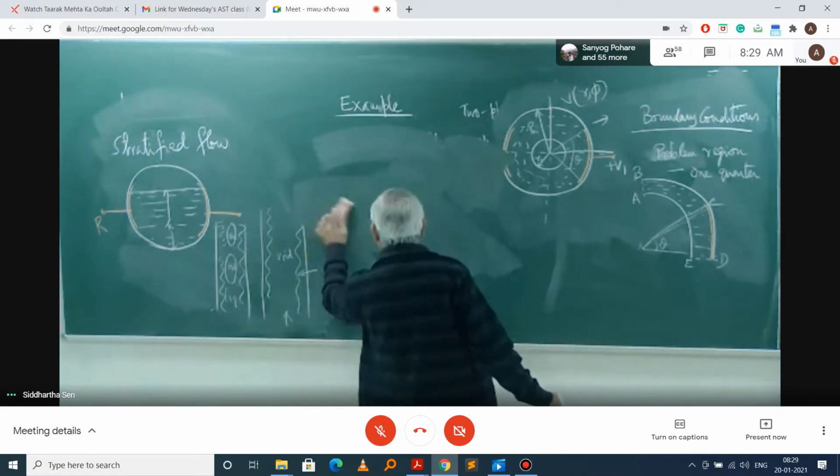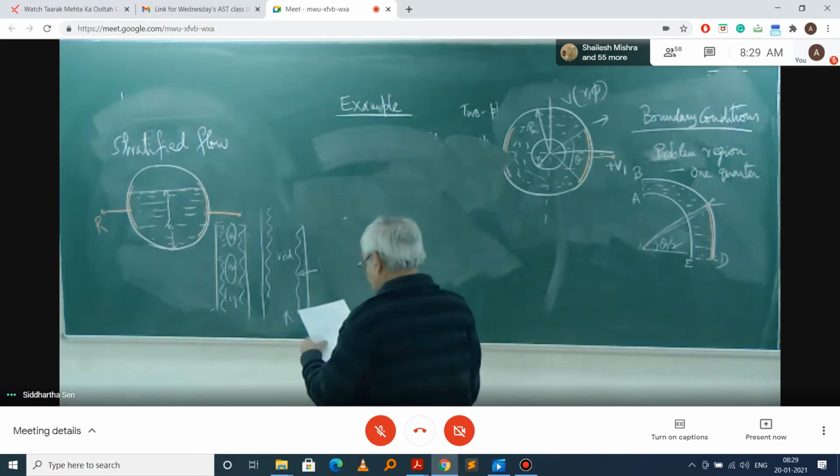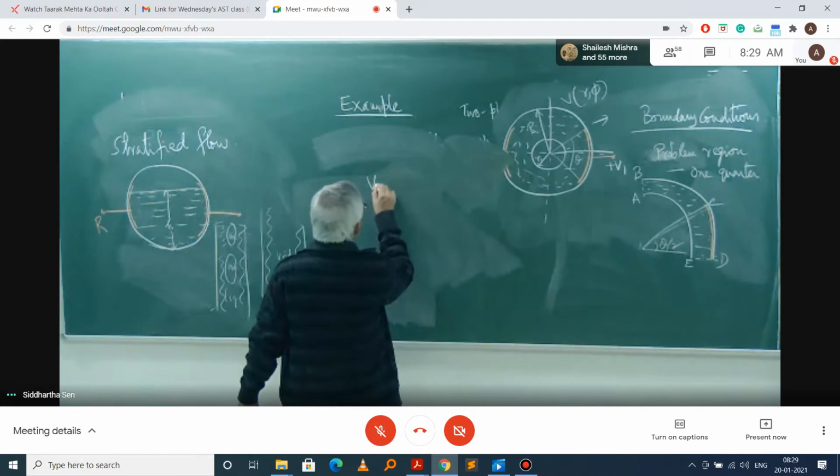Sir, the angle of E, O, and C is theta by 2 because the whole electrode is theta. Yes, thank you, definitely. So first of all, what is the potential VAB?